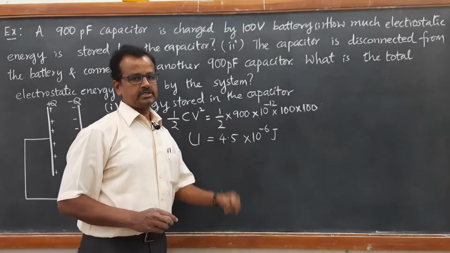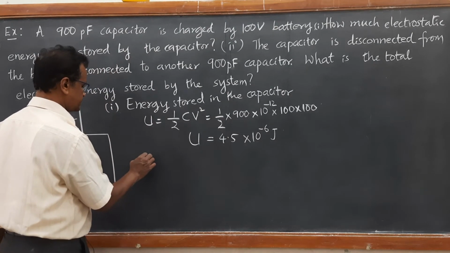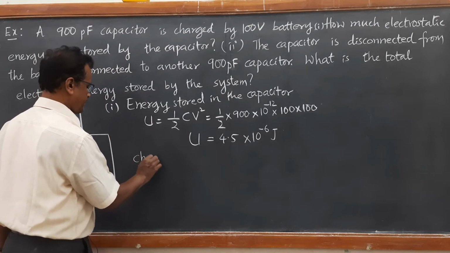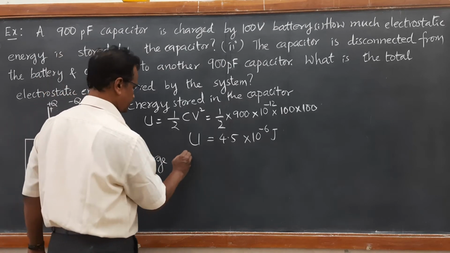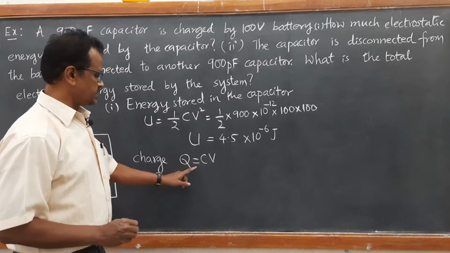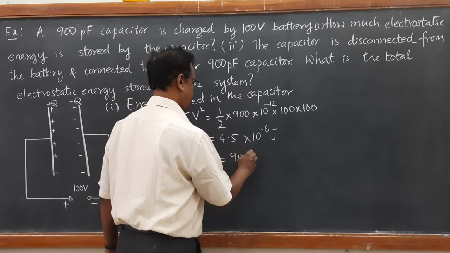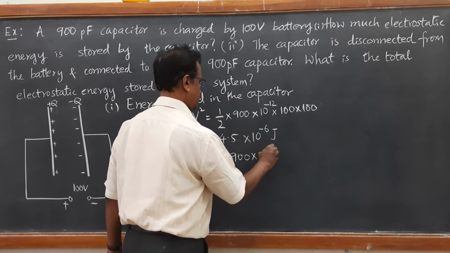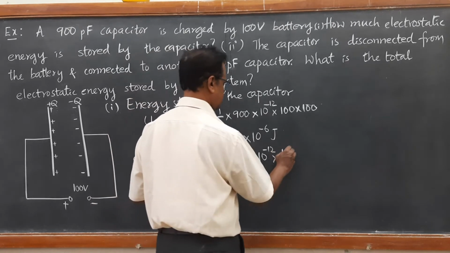Now what is the charge? For our calculation, we can just calculate the charge Q. Q is equal to CV. C is 900 picofarad into V is 100 volt.